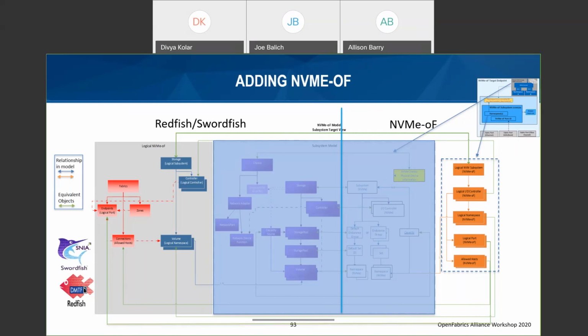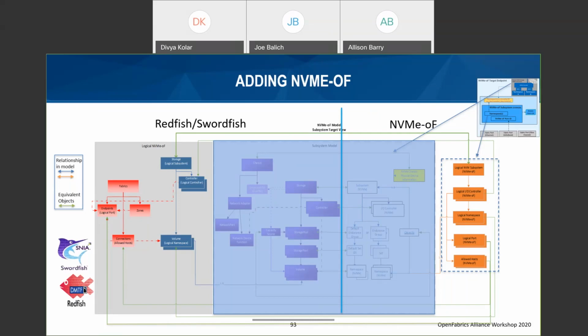The way to look at it is, if you see the miniature diagram on the right corner, you can see that an NVMe over Fabrics subsystem, which is the dark blue box at the center, is constructed using the underlying resources available. Similarly, we have the orange blocks. Those are all the NVMe over Fabrics subsystem, which will have namespaces, controllers, ports, and the allowed hosts.